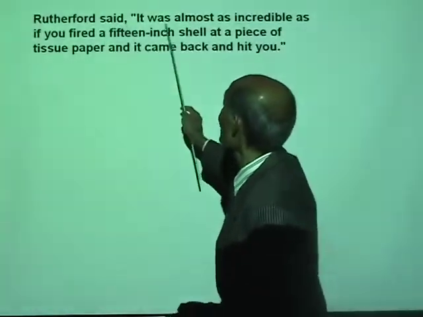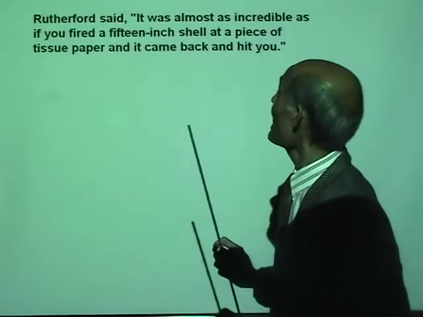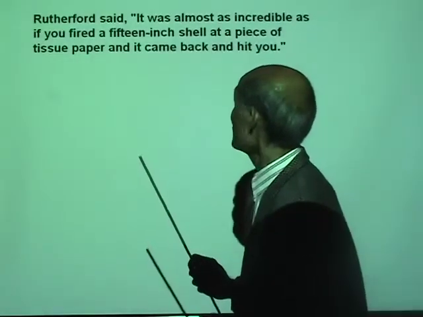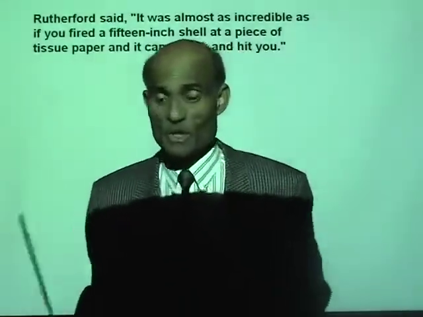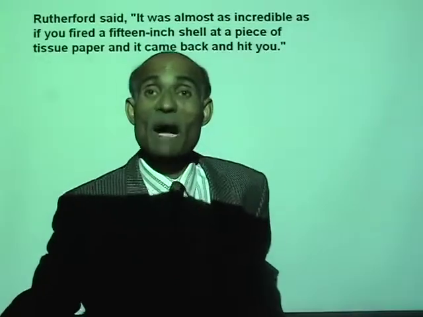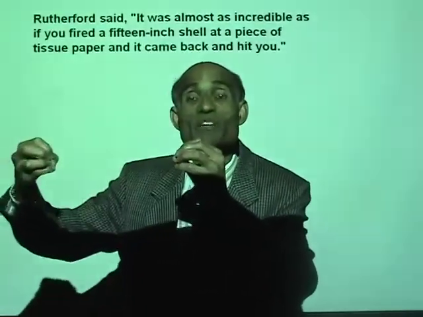Now, Rutherford said it was almost as incredible as if you fired a 15. Now, what happened is, before I talk about this sentence, you see, most of the alpha particles went through the gold foil without any deviation.